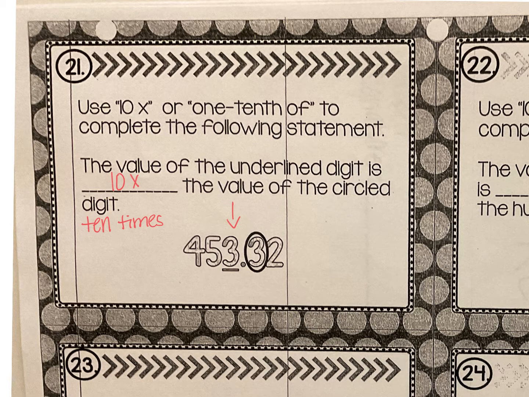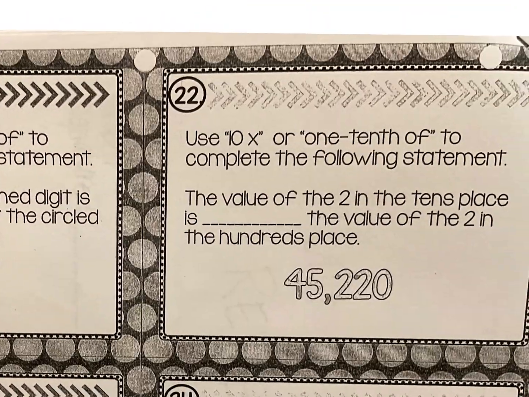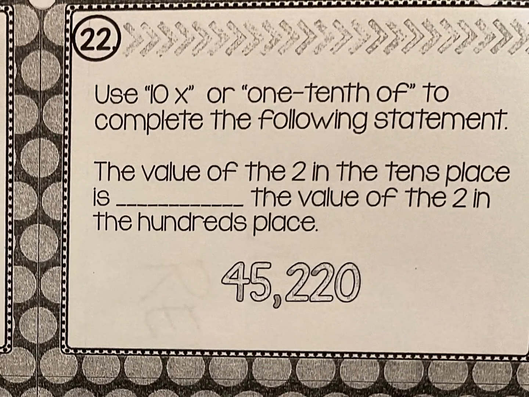All right, let's look at 22. Use 10 times or 1/10 of to complete the following statement. The value of the 2 in the tens place is blank the value of the 2 in the hundreds place. All right, so we're focusing on the value of the 2 in the tens place.